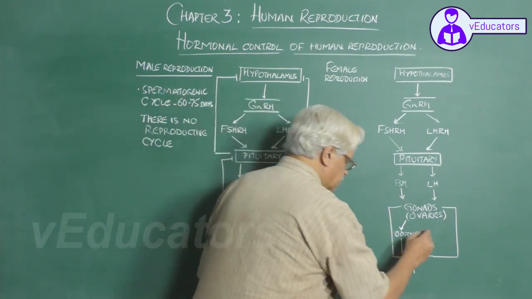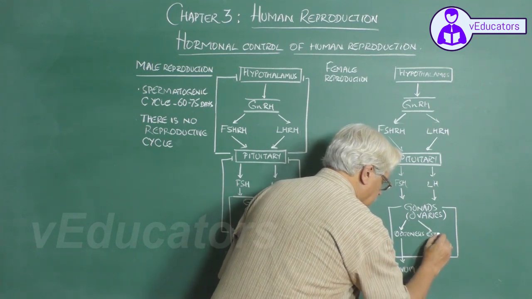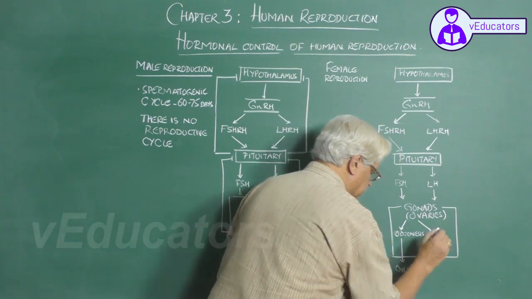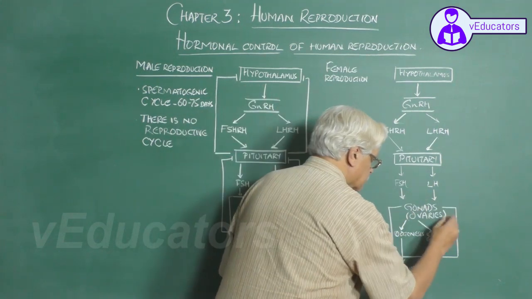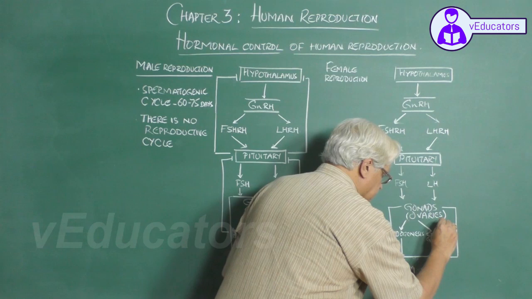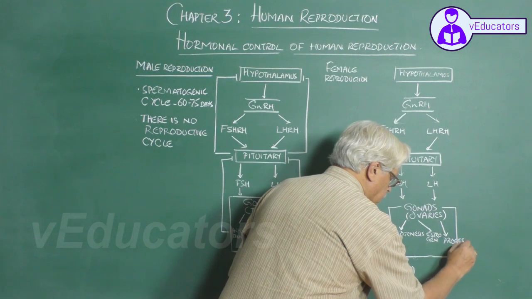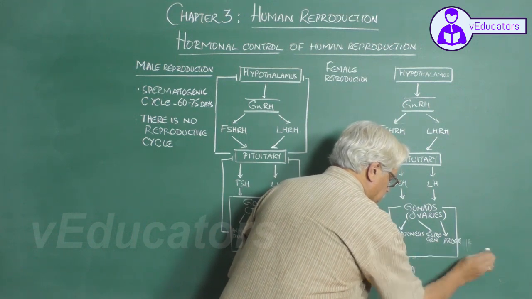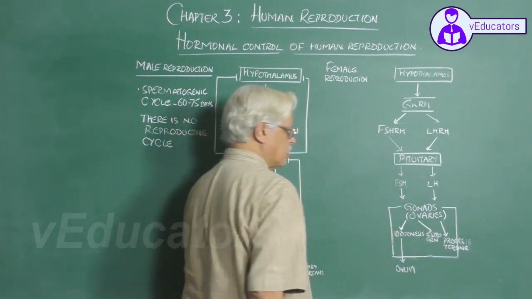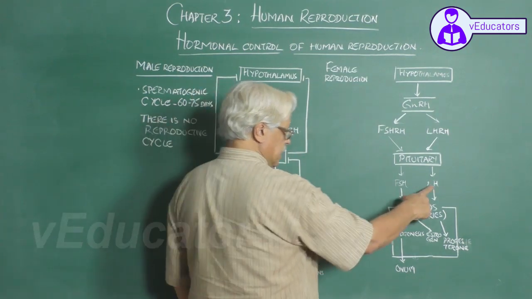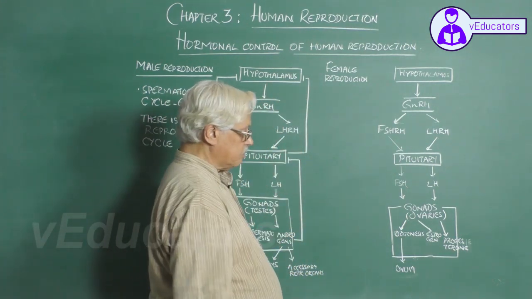Under the influence of FSH, there is formation of estrogen, whereas LH influences the production of another steroid hormone, progesterone. LH is also responsible for release of the ovum, ovulation.